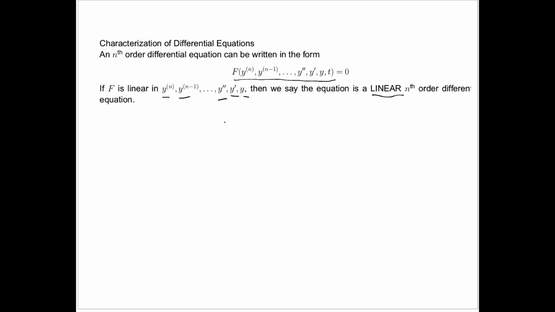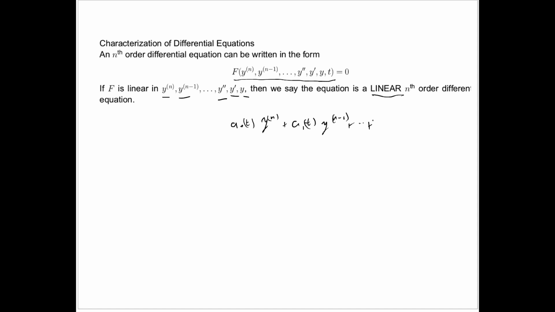We can write this equation as some function of t. Remember, it doesn't have to be a linear function of t. We'll call it a naught of t times this nth derivative of y, plus some other function of t, a1 of t, times the n minus first derivative of y.